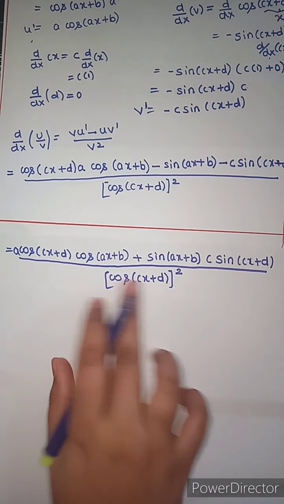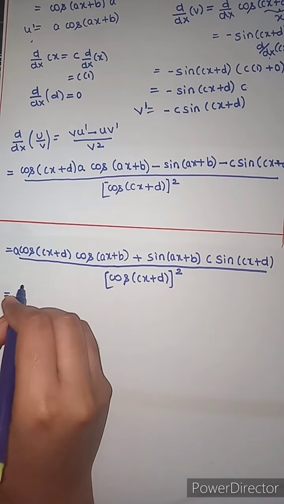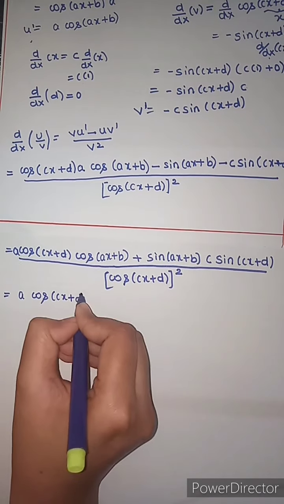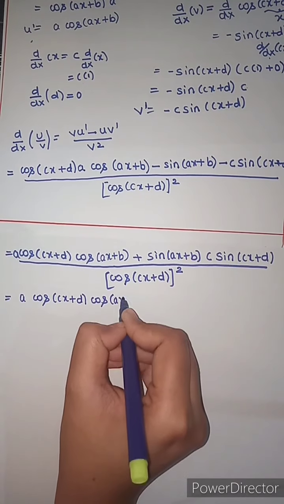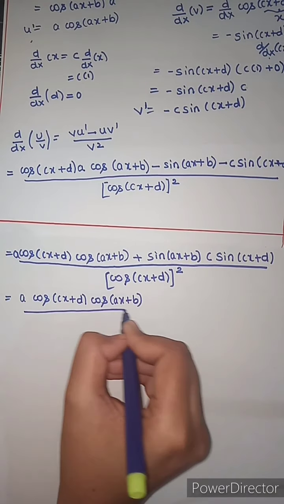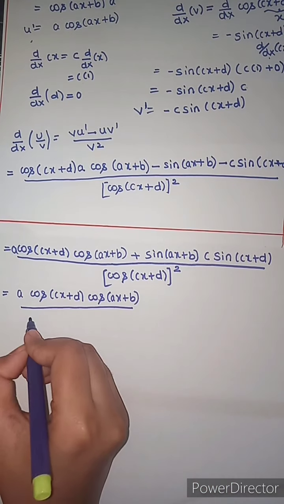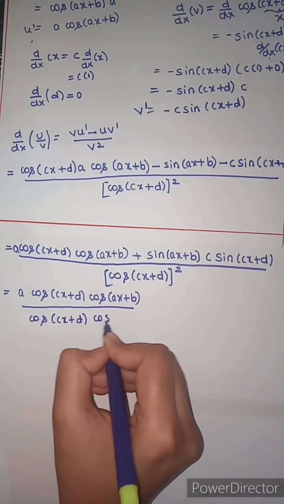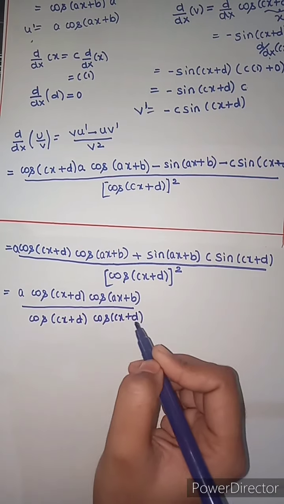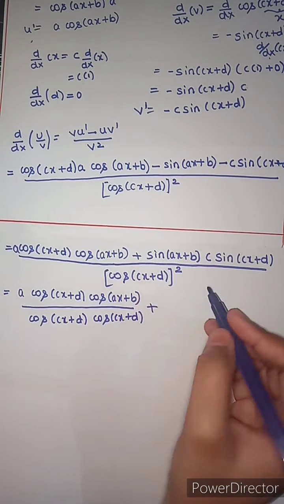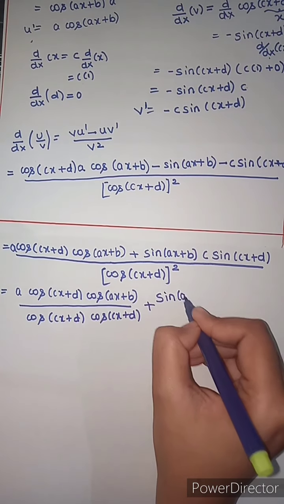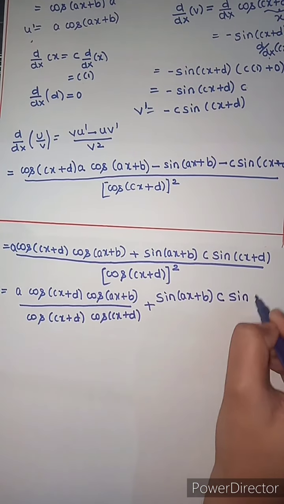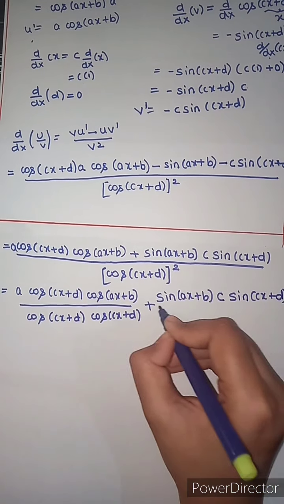Now divide the denominator separately to the numerator. A into cos of cx plus d cos of ax plus b over, we can split this, cos of cx plus d into cos of cx plus d. So next plus sin of ax plus b into c sin of cx plus d.